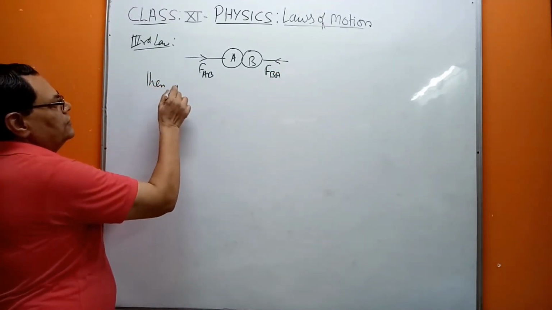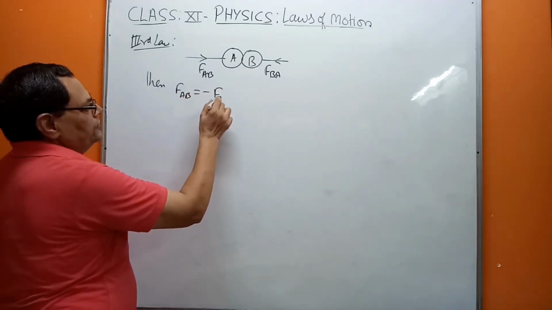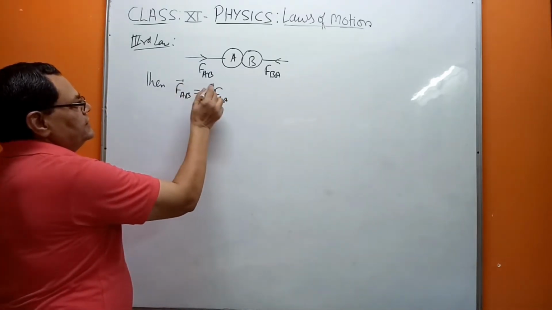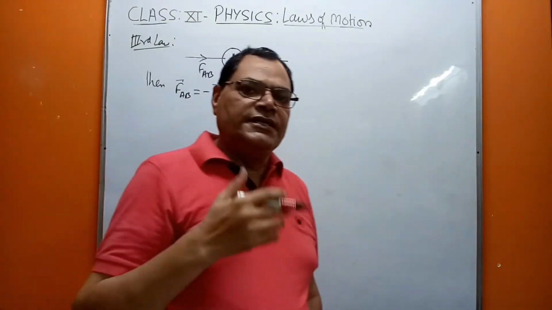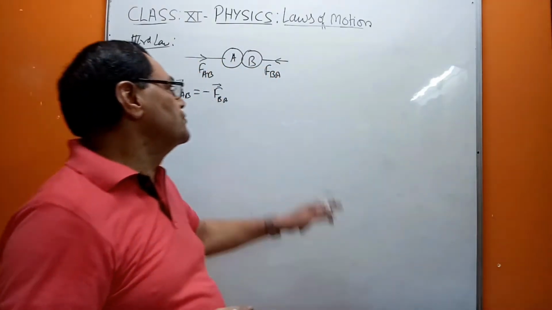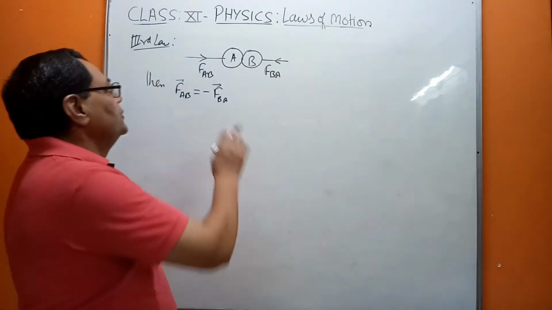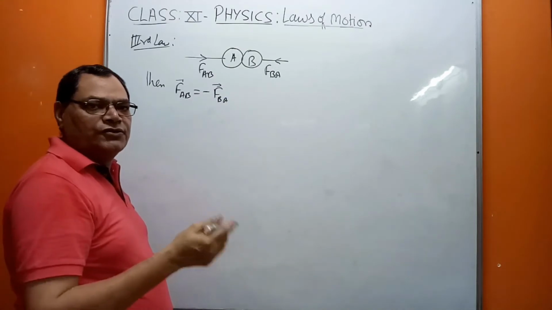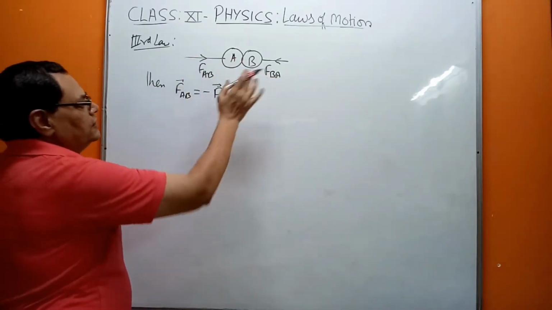According to this law, FAB is equal and opposite to FBA. That is, the force applied by body A on body B is equal and opposite to the force applied by body B on body A. Therefore, to every action there is an equal and opposite reaction. That is the third law.